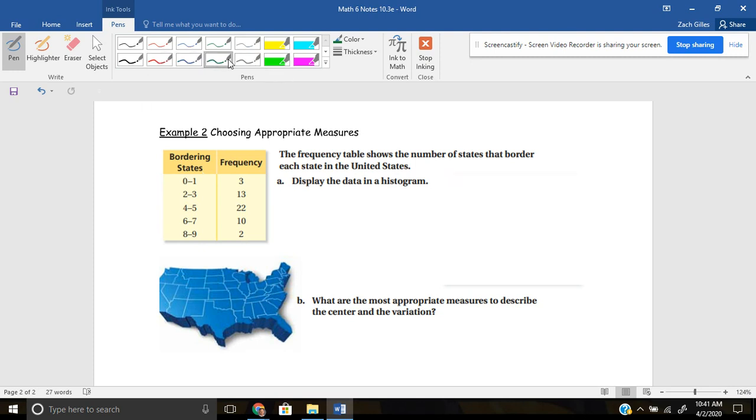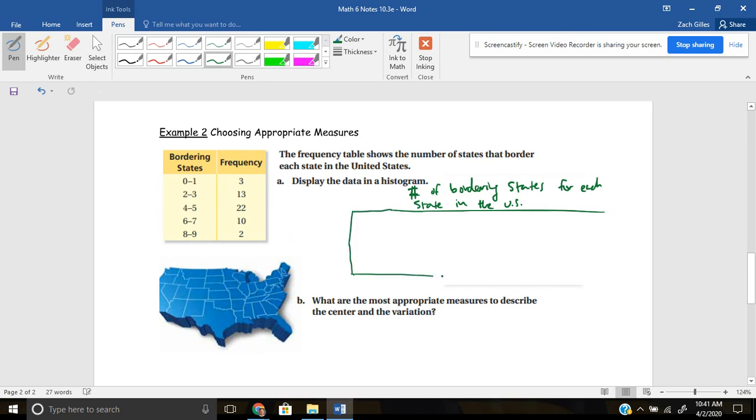And in my title here, I will say we're talking about the number of bordering states for each state in the U.S. So an example of that would be like how many states border, let's just take Wisconsin, for example.